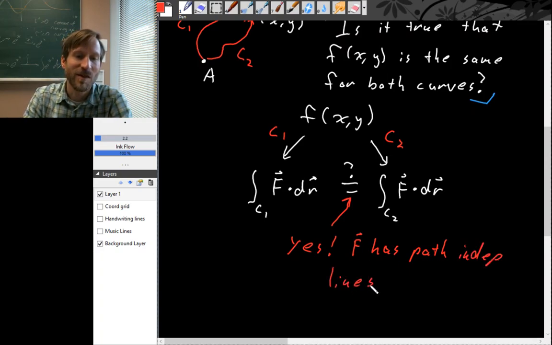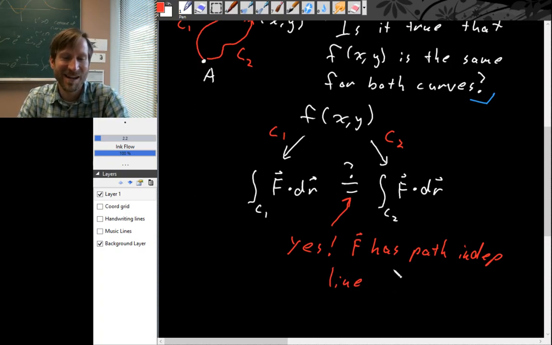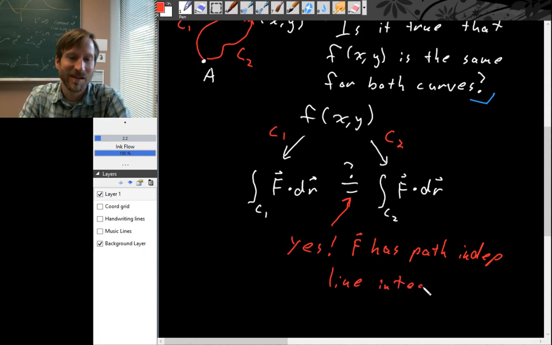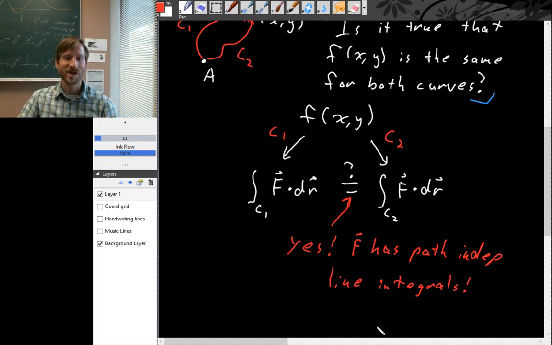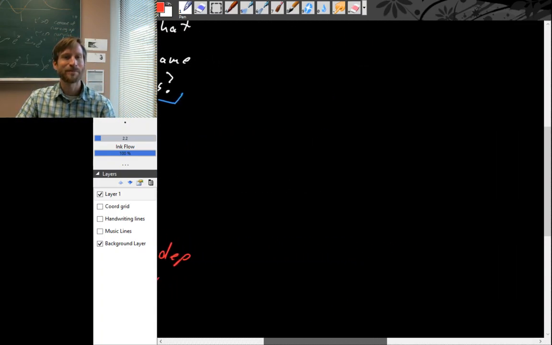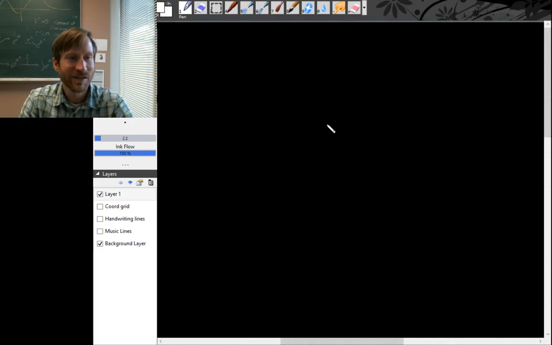All right, so that unfortunately leaves the second question that is a little harder to answer. Our second question is, remember we had this vector field capital F, and we produced a function little f.